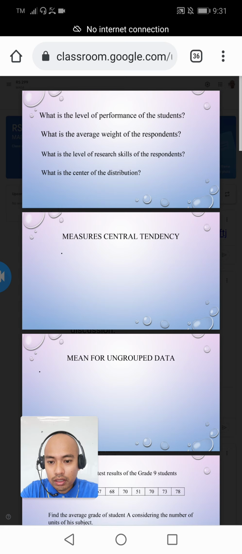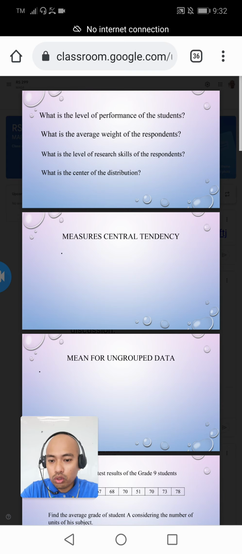And we also discussed the cumulative distribution, which has two important concepts: the less than cumulative and the greater than cumulative frequencies. I have also presented to you the name of the graph of this cumulative frequency, which is the ogive.